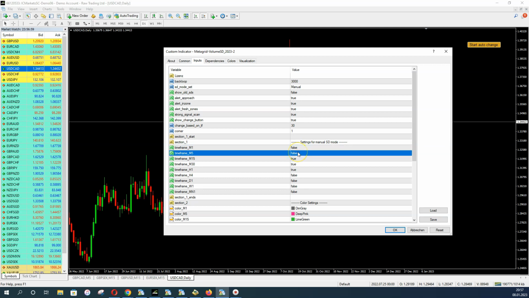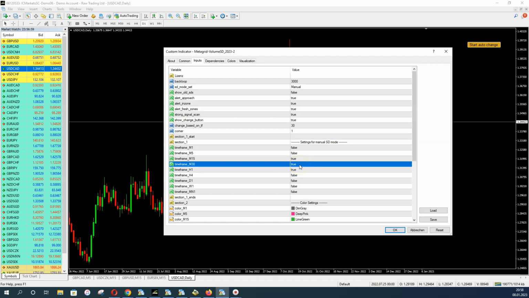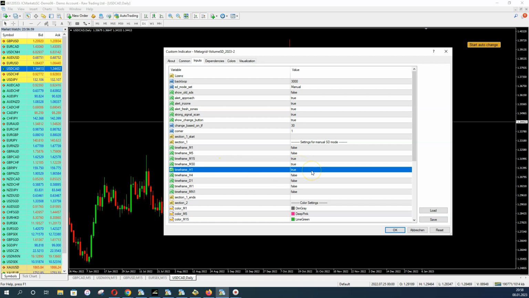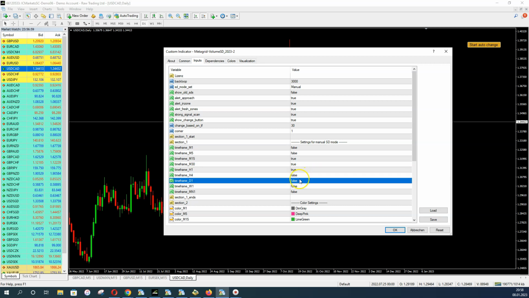We have also not activated the M5 time frame, but the M15 is active. It's true. So the scanner would look for supply and demand zones on the M15 chart. And also we have activated the M30 time frame and the H1, and you can see the H4 is false, daily is false, weekly and monthly is false. And now we check what happens if we click here on OK.